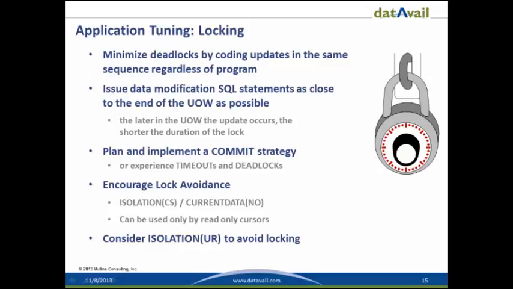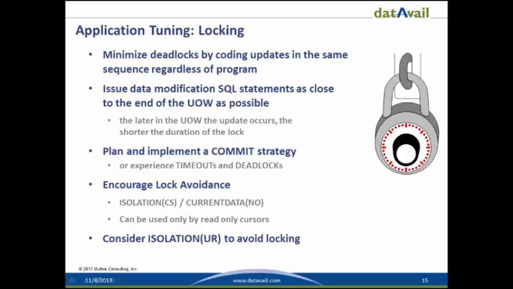The second thing you can do from a locking perspective is to minimize lock duration. The longer amount of time that a lock is held, the more is the possibility that someone else may try to access that data while it's being locked out from their access. One of the things you can do there is hold all of your modification statements until as close to the end of the unit of work as possible.